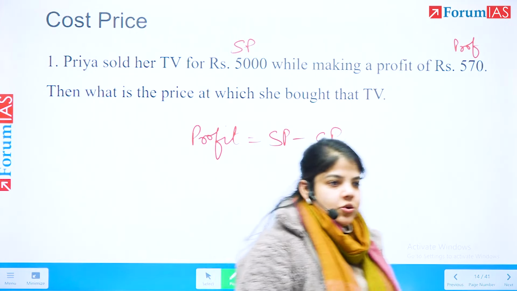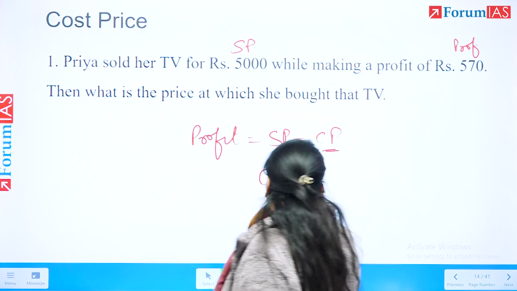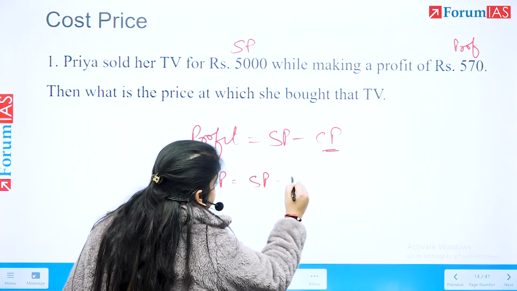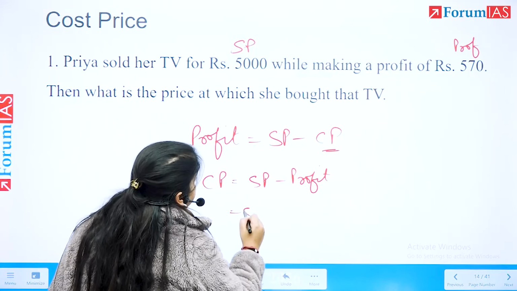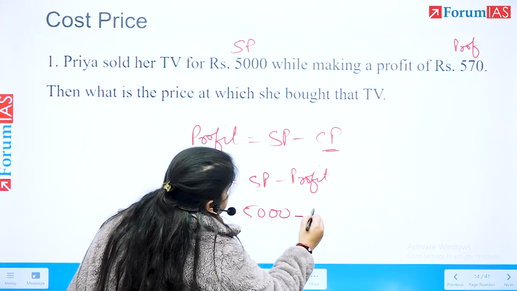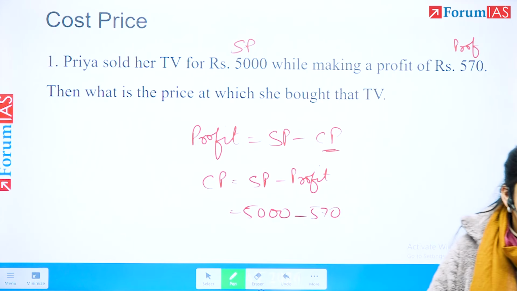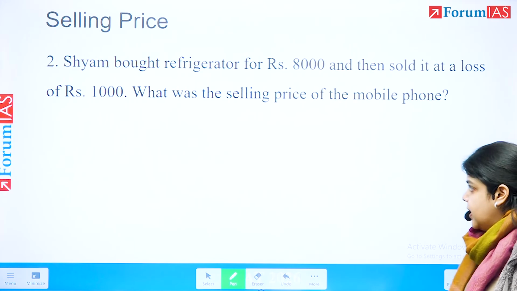So profit equal to selling price minus cost price, which here means cost price equal to selling price minus profit, which is equal to 5,000 minus 570, which is equal to 4,430. Rupees 4,430, that is the cost price, the price at which she purchased the TV.